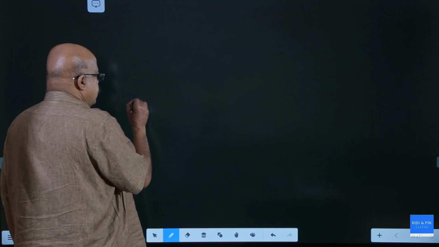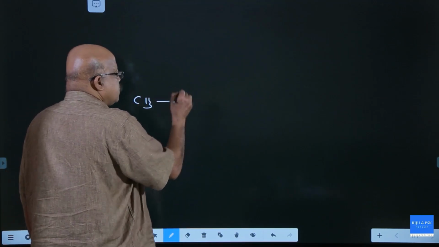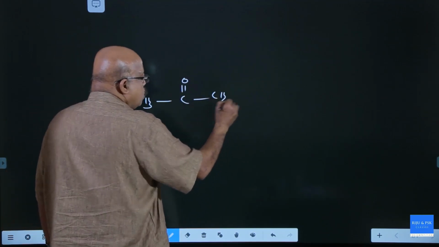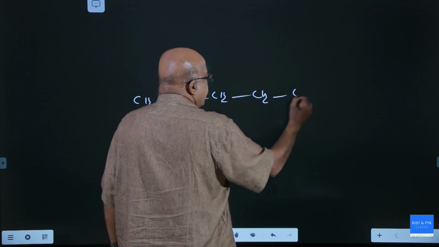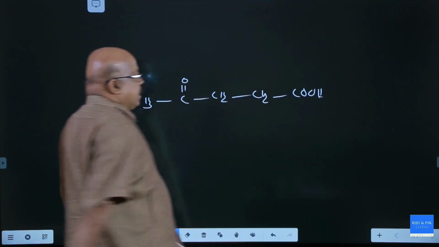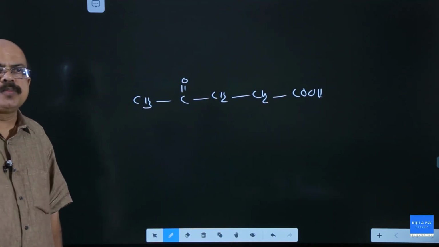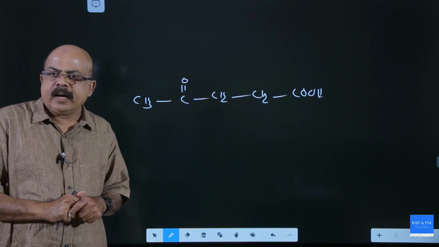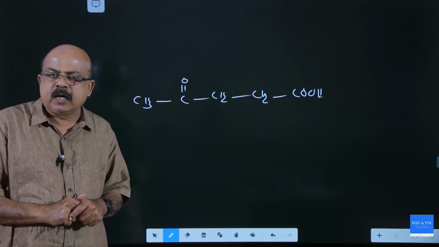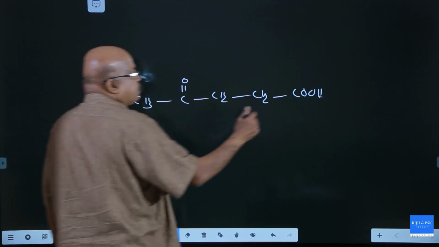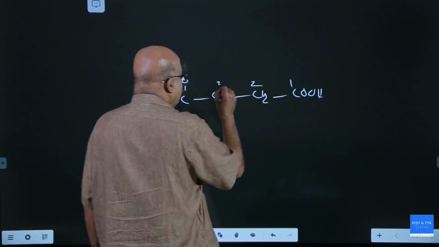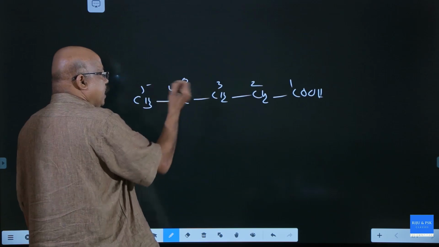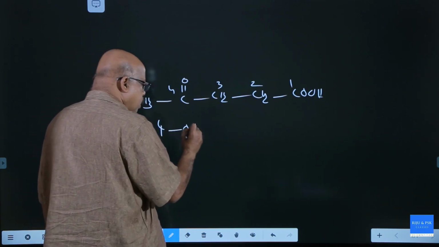For example, CH3, C double bond O, CH2, CH2COH. Here there are two functional groups, COH as well as the CO group. The COH group is the principal functional group, so the CO group is treated as a substituent, oxo. So can you name this molecule? It is 4-oxo. Come on.